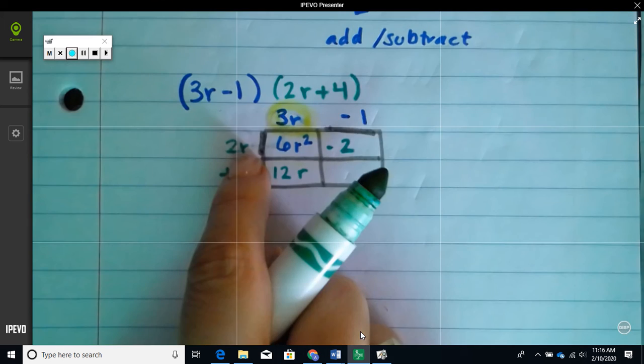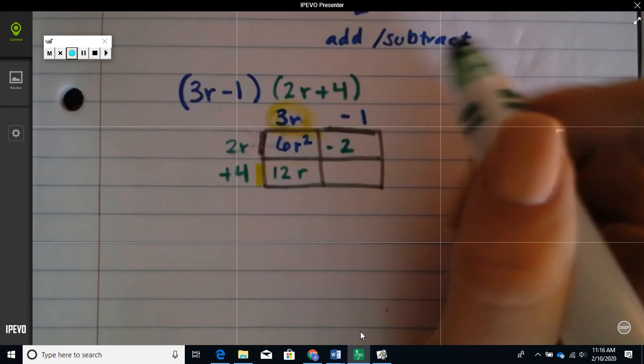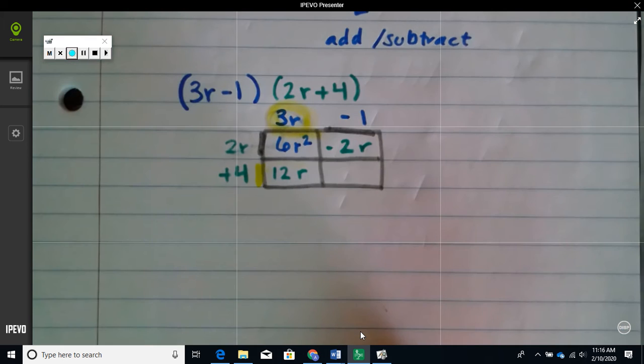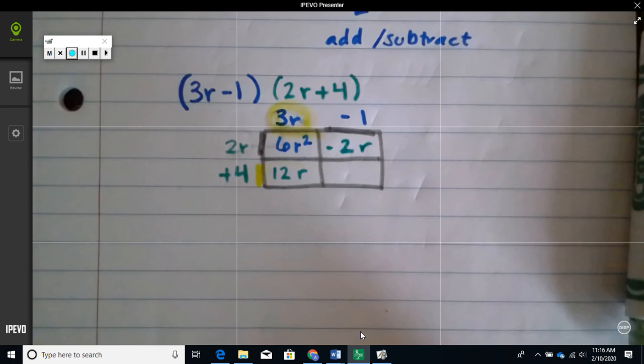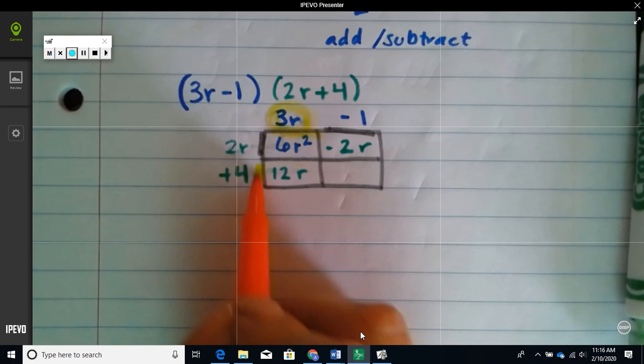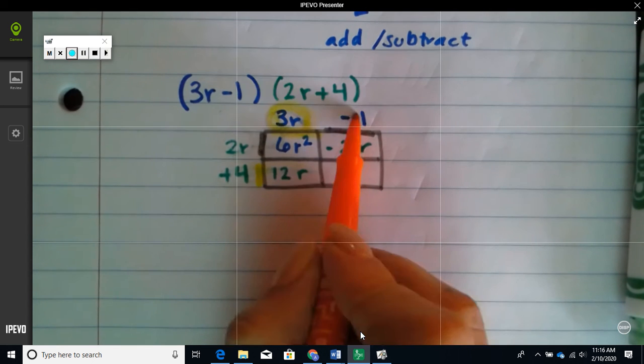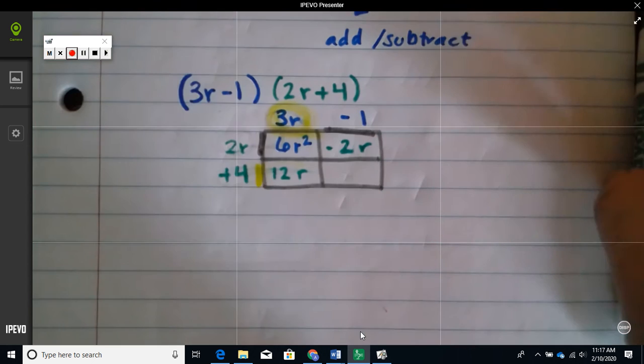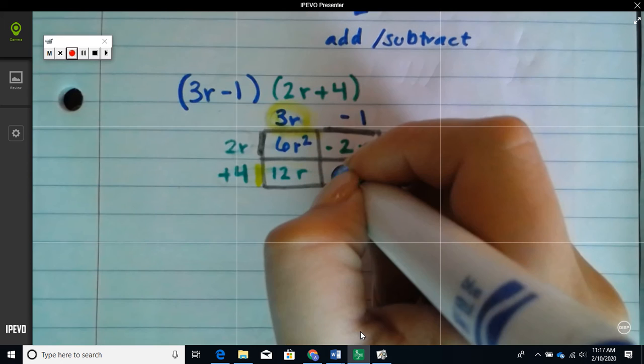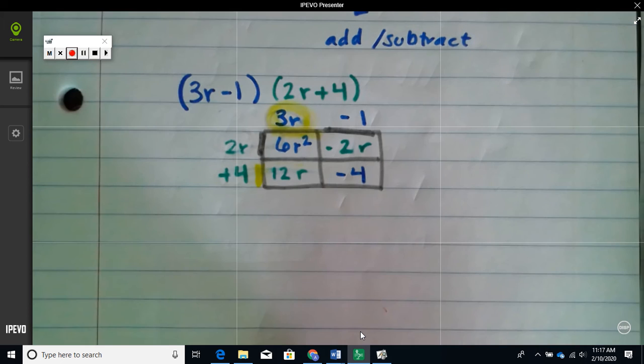How many r's are there? Just one r. So just put an r there. Alright, in the last box, I'm multiplying a 4 times a -1. 4 times a -1 is a -4. Because you just have one negative.